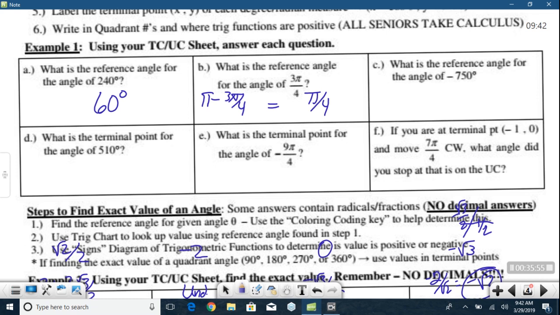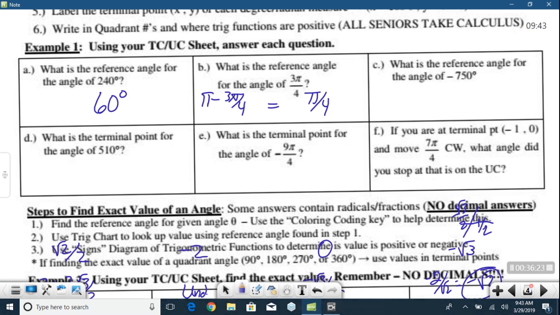What's 1 minus 3/4? 1/4, which is pi over 4. Does that make sense? If I have a whole and I take away 3/4, I'm left with 1/4. Basic fractions.